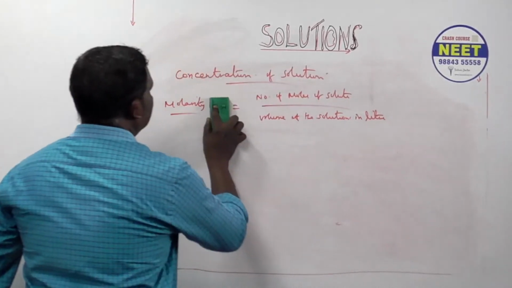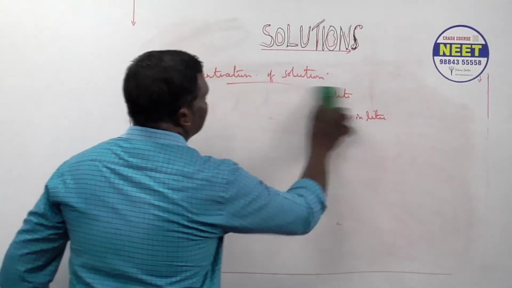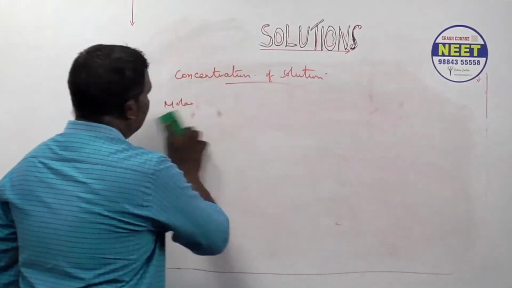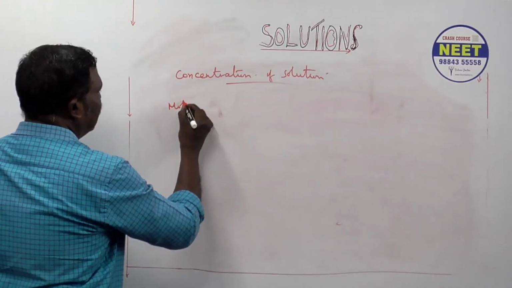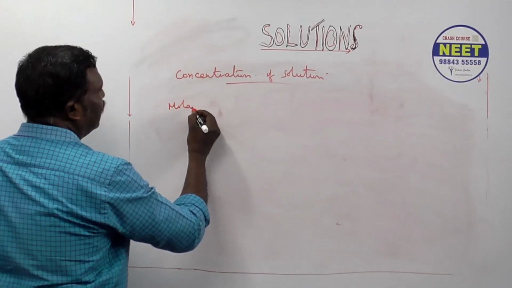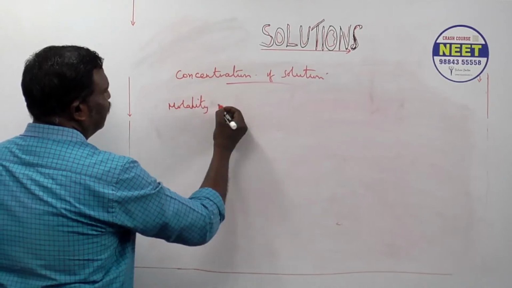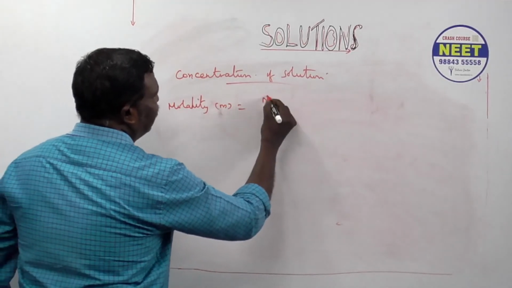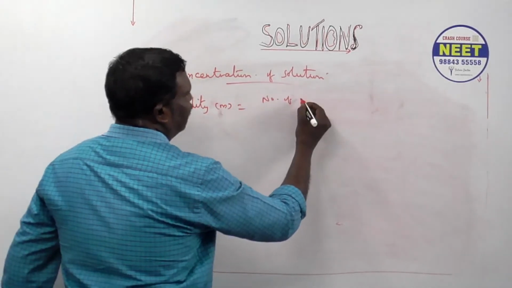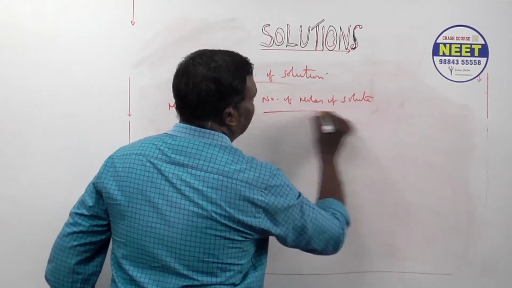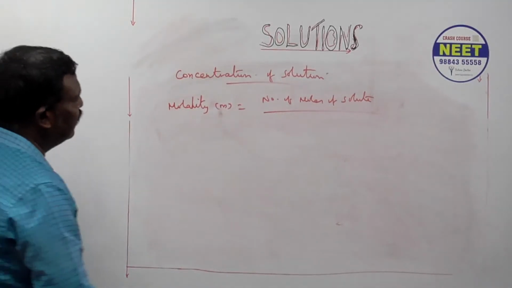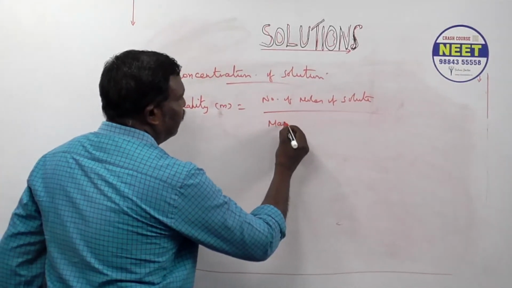Next one is molality, M-O-L-A-L-I-T-Y, small m, understood? Same formula with a small correction: number of moles of solute by mass of the solvent in kilogram.